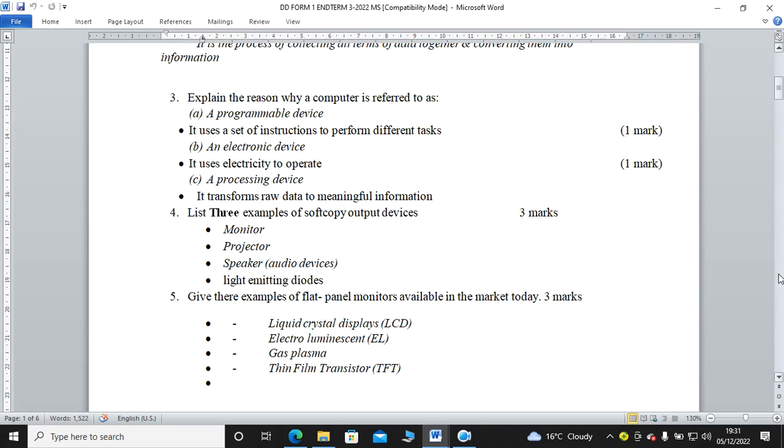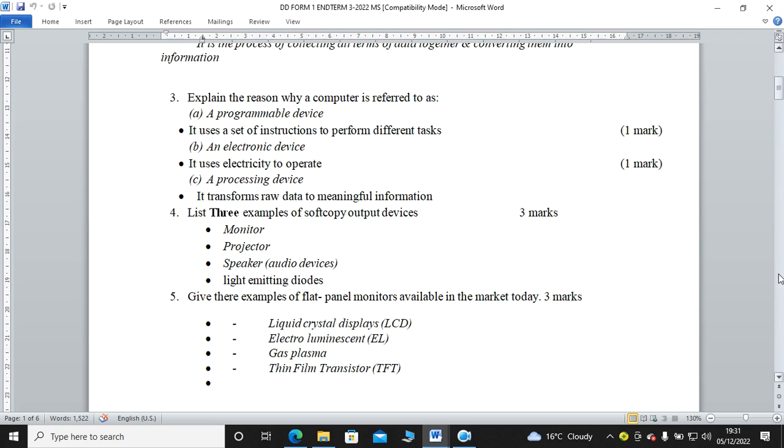On the other hand, a computer is referred to as an electronic device because it uses electricity to operate. You can also add that it is made up of electronic devices. A computer is a processing device because it transforms raw data to meaningful information.